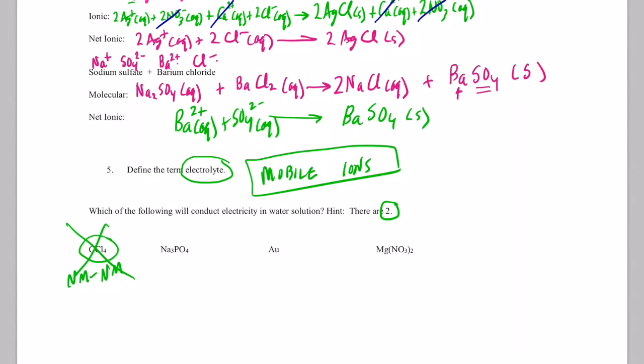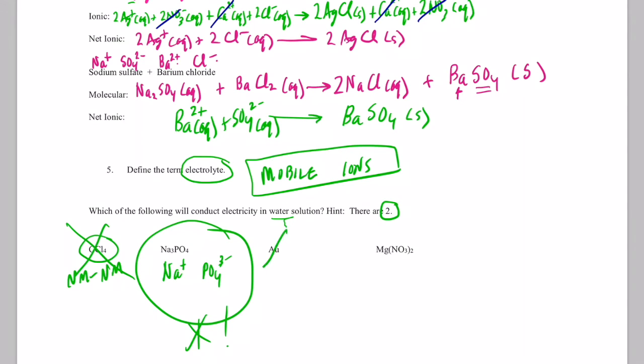Sodium sulfate or phosphate? Yeah, that's made up of sodium ions and phosphate ions. And it dissolves in water really well. So this is an electrolyte. It definitely is. Gold. How about if I put a chunk of gold in water? Yeah, it's not an ion here. Here it's neutral. So this is just a metal. The metal would conduct electricity, but when I place it in water, it certainly wouldn't dissociate to form ions.